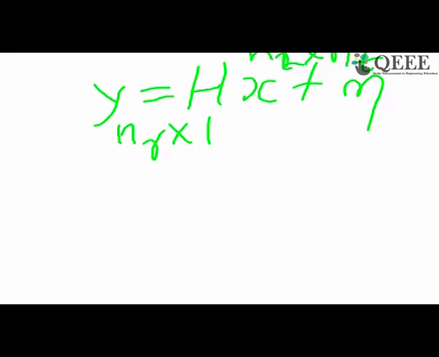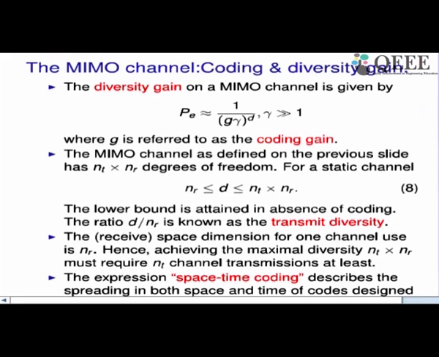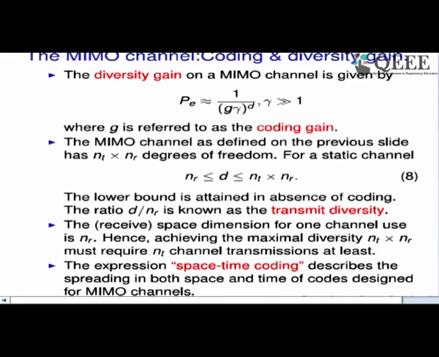This idea basically leads to the concept of space-time codes. It is not just sufficient to transmit across the NT transmit antennas in space. You also have to transmit across time.